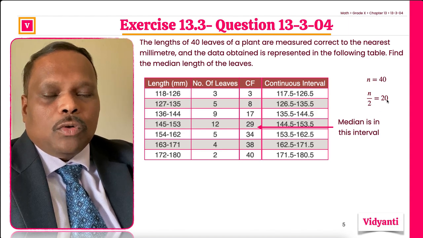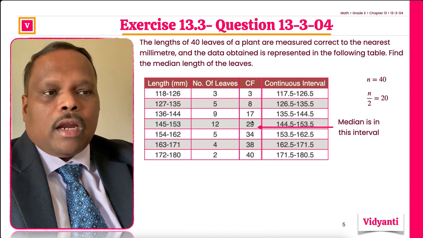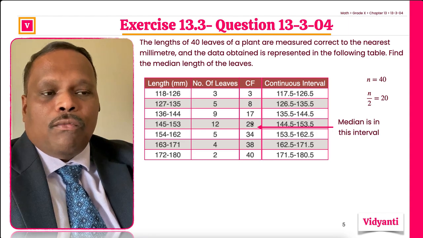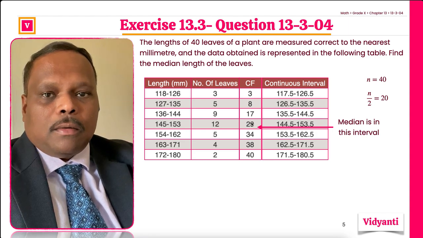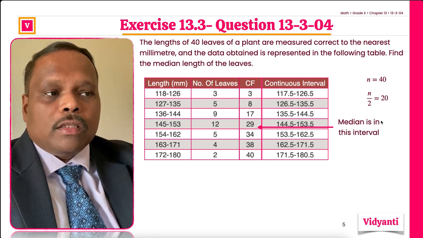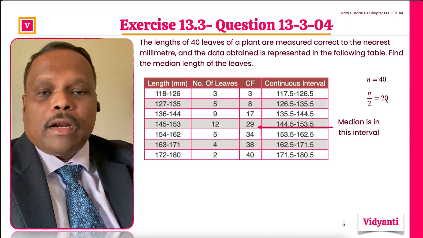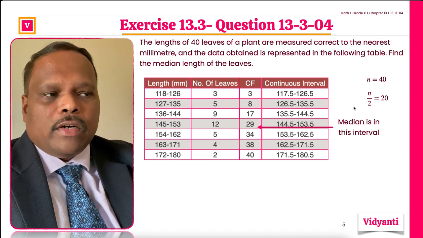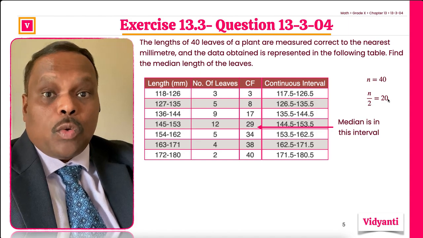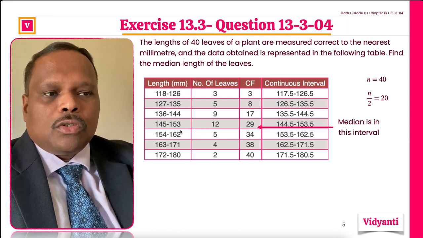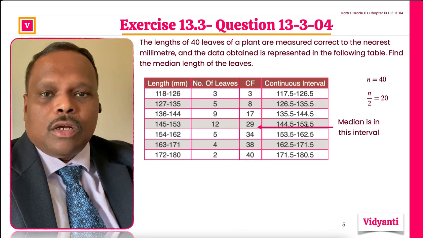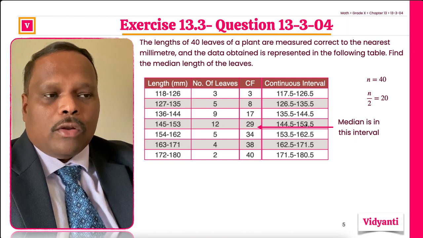You have to keep that n by 2 in mind and find out the first set of records where this is barely crossed. So up to 17, this is not crossed. At 29, yes, we have crossed 20 for the first time. So this is the interval which will have that median value.